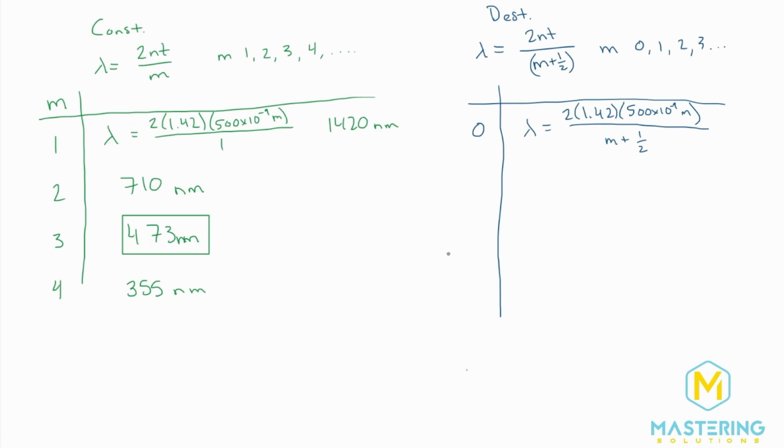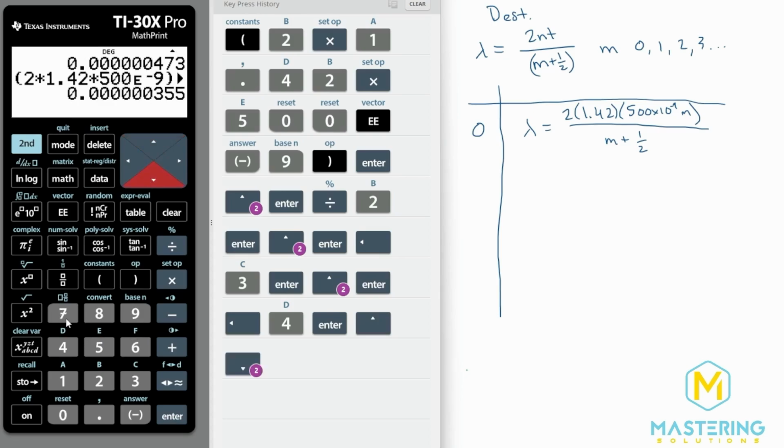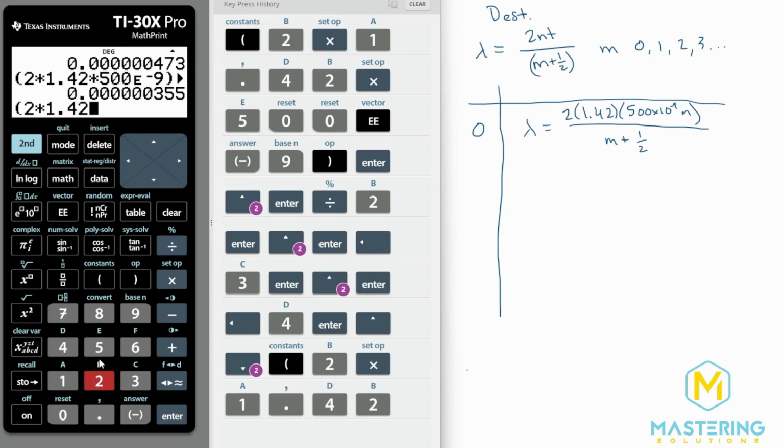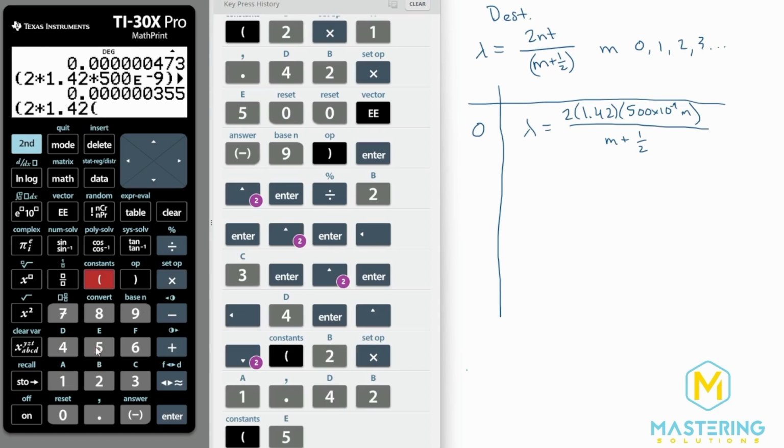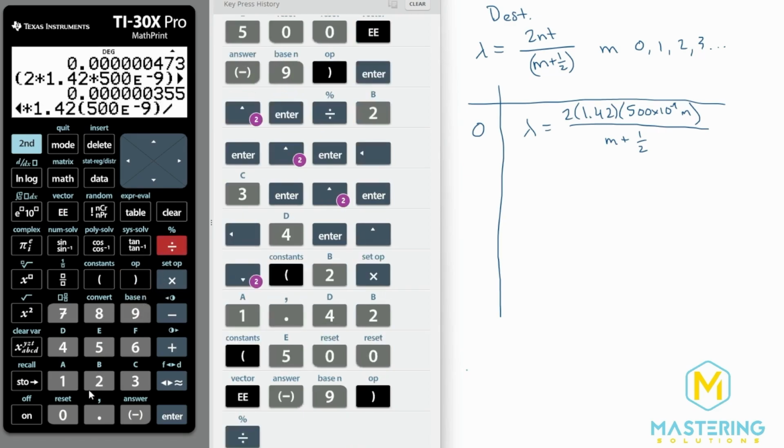Okay, so now we can do the exact same thing for part B, plugging in our values here for destructive interference. So let's start with M equals 0. So we have lambda is equal to 2 times 1.42, the index of the thin film, times 500 times 10 to the negative 9 meters for the thickness of the thin film, and we'll divide that by M plus 1/2.